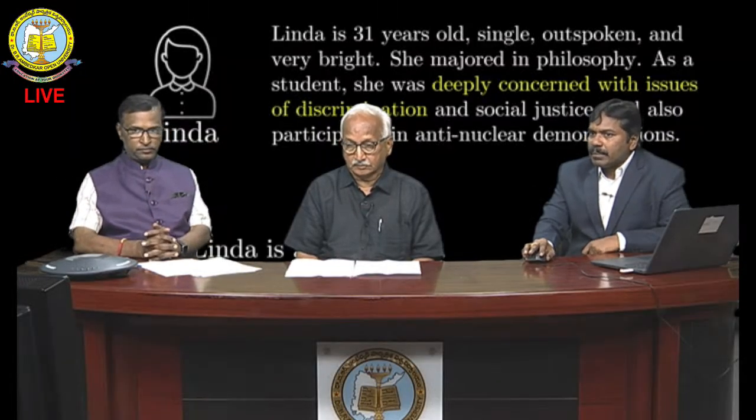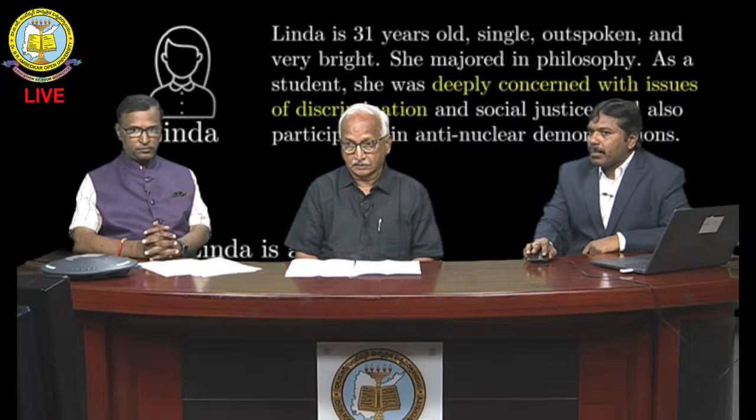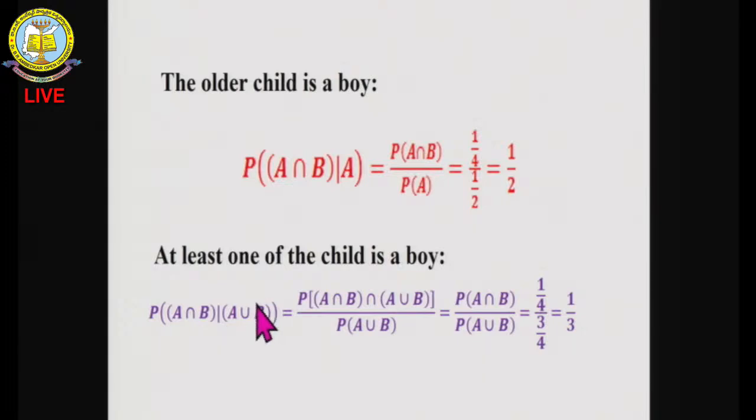Now for the condition that at least one of the children is a boy. That is why we need to calculate A union B: at least one, common sense. So the probability of A intersection B given A union B, according to the conditional probability definition, is the probability of A intersection B, intersection with A union B, divided by the probability of A union B. After simplifying, we got 1 by 3.